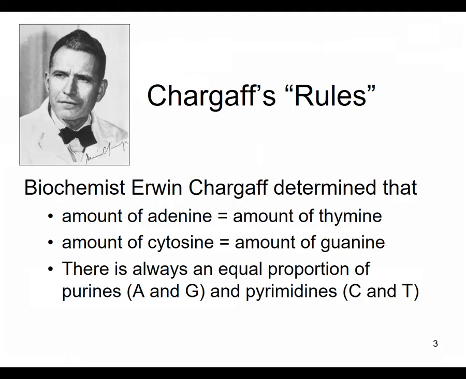And the amount of cytosine was always approximately equal to the amount of guanine. And so what he basically was describing, although he didn't know it at the time, was what we call the complementary base pairing rules of DNA.